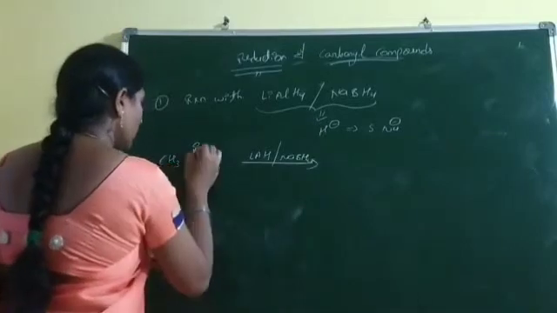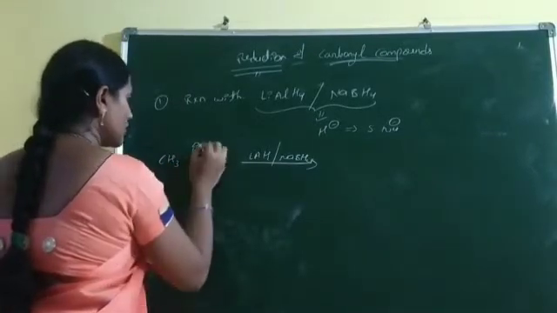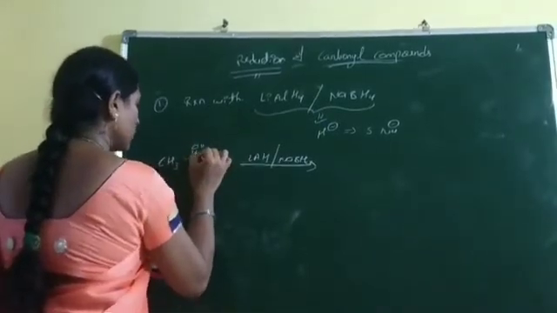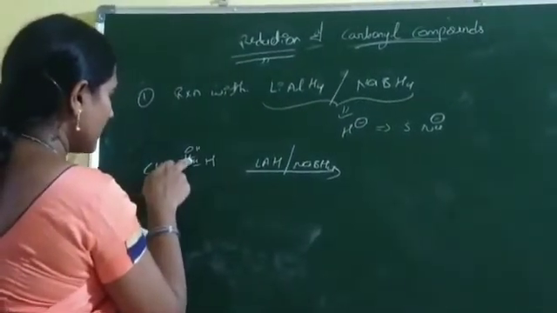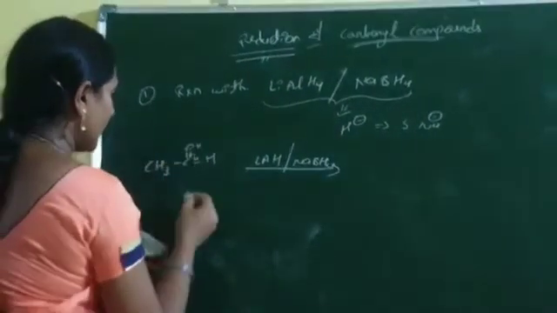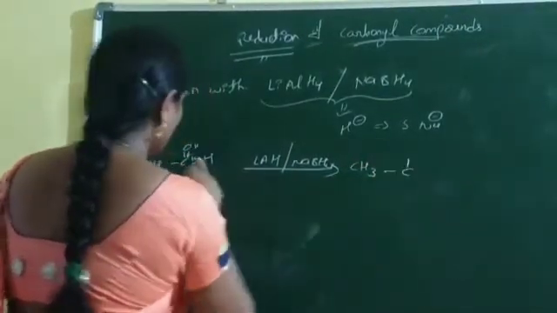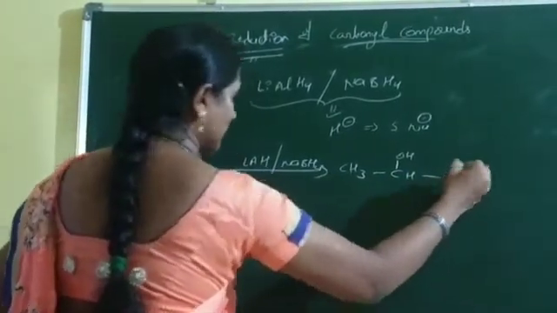One bond is involved in reduction. Reduction means addition of hydrogens. Two hydrogens are adding. The product is CH3, C, OH and also H and H.